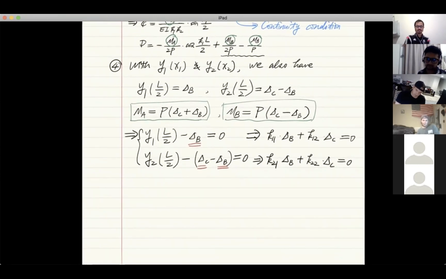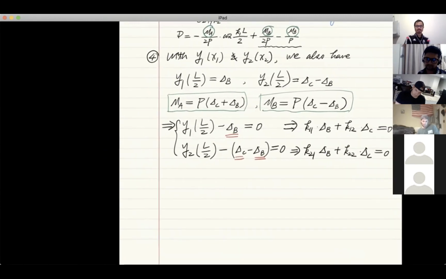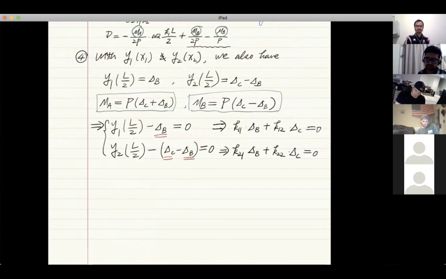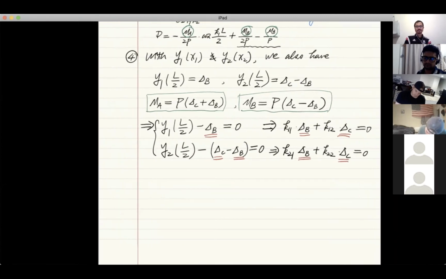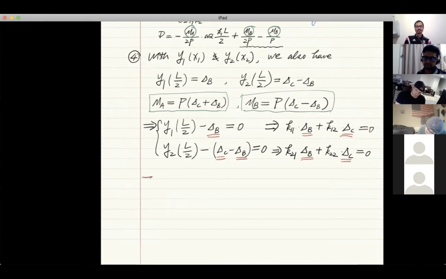I'm not going to repeat that process here. And once you have this, remember the way is to separate delta B from delta C and rewrite them in matrix form.